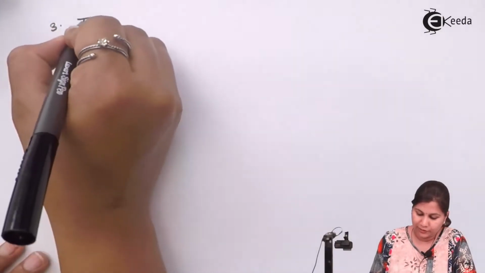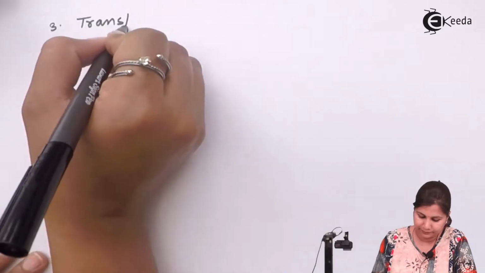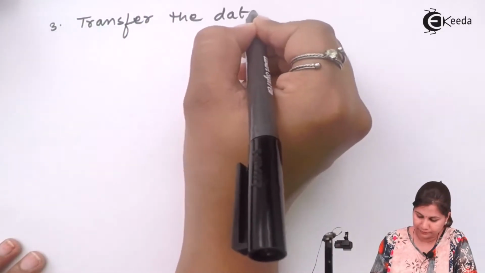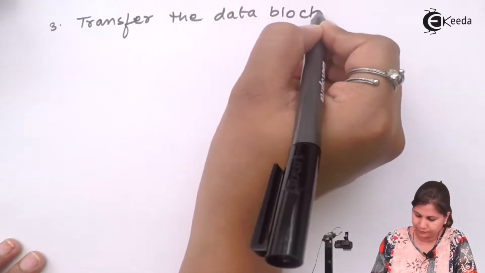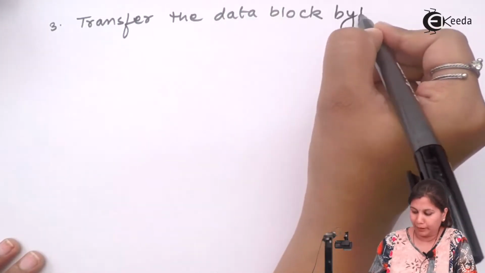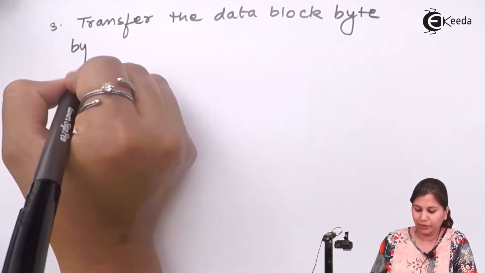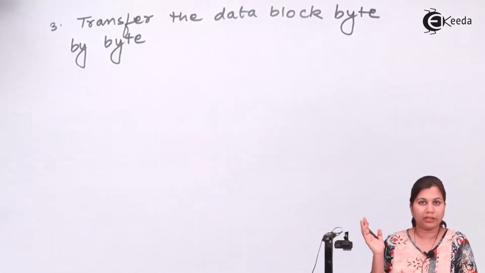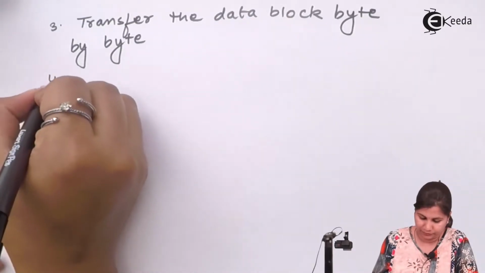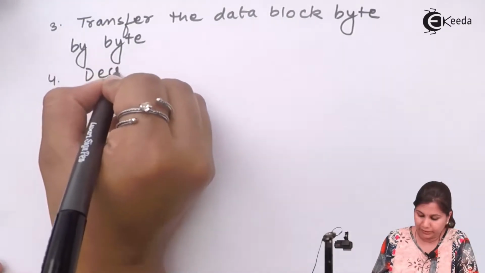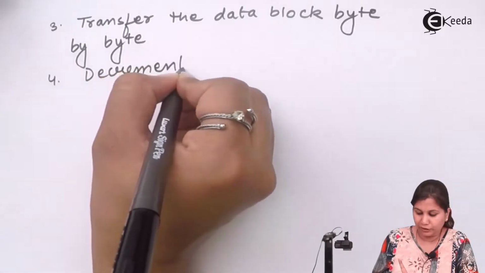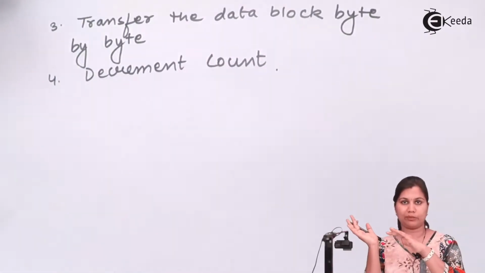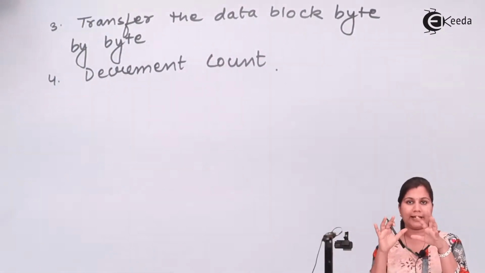After that, we will transfer that data block byte by byte, one by one, from the source memory location to the destination. Next, we will decrement the count, because when one number has been transferred, we have to decrement the count to show that one number is transferred and the remaining are 9 numbers.